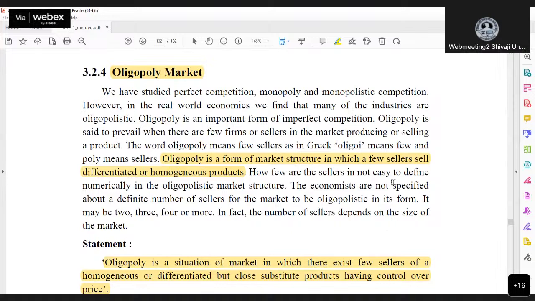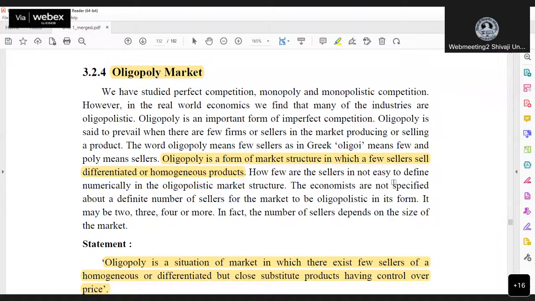Next is the oligopoly market. Such a market is a form of market structure where a few sellers sell differentiated or homogeneous products. What we see in monopoly is a single product, single seller, multiple buyers. Here, instead of one seller, there are a few sellers selling the same product.